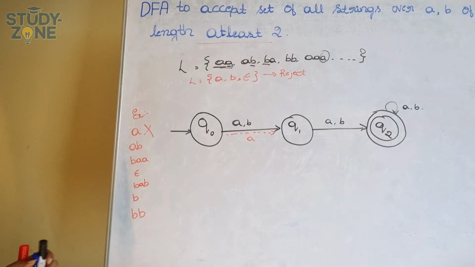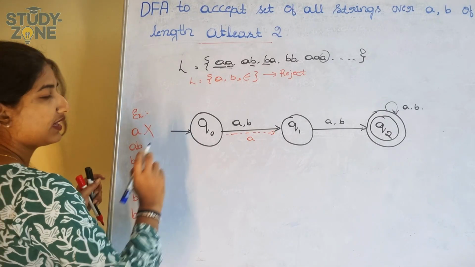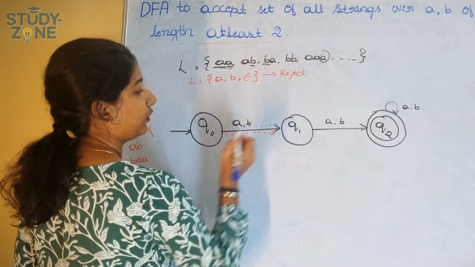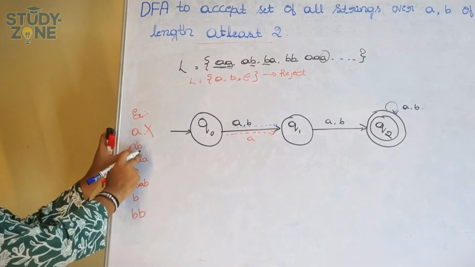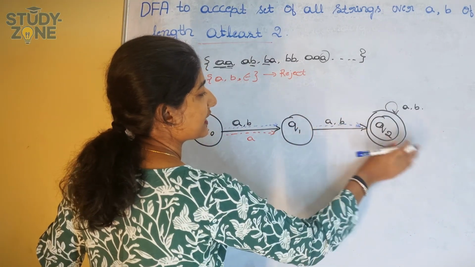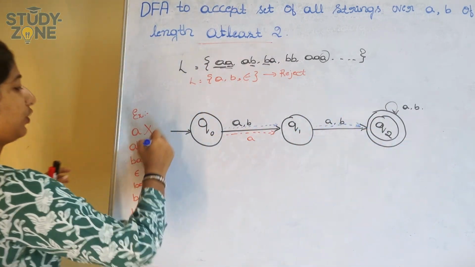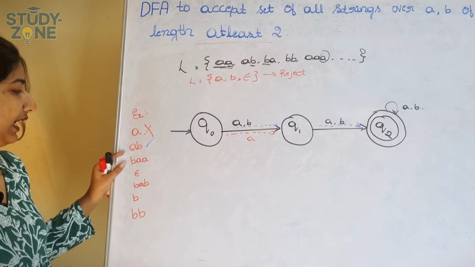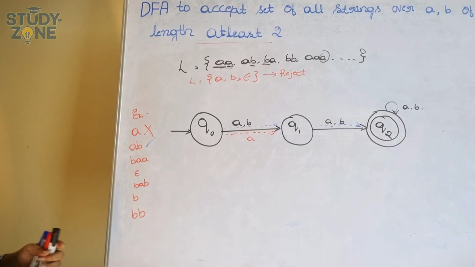And then I have AB. AB should get accepted. Let's see. So Q0 on A moving to Q1. And then we have B. Q1 on B moving to Q2, which is an accepting state. So the string is getting accepted. Now I have BAA. So let's check this.